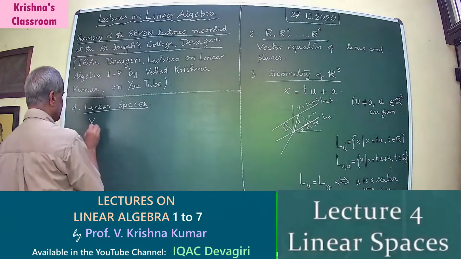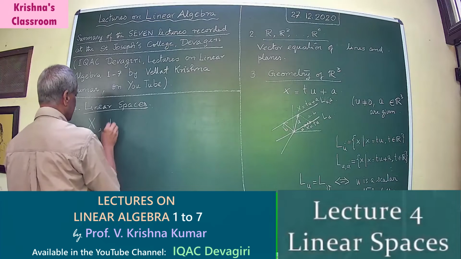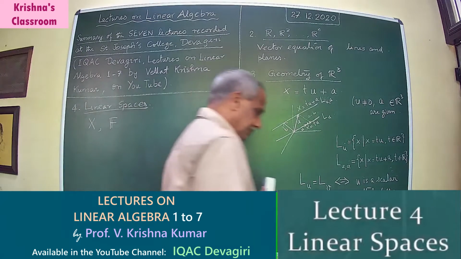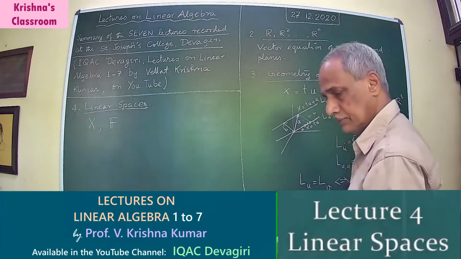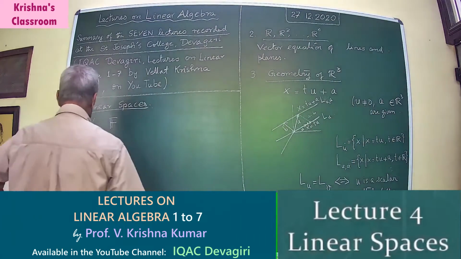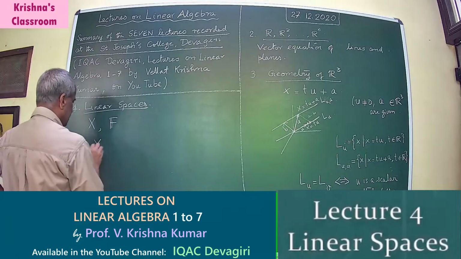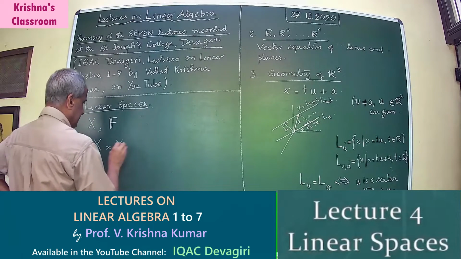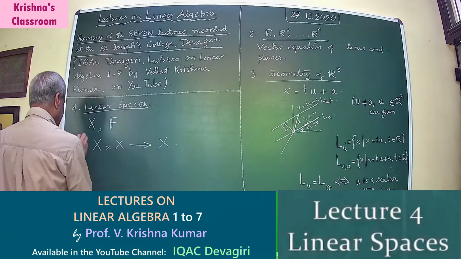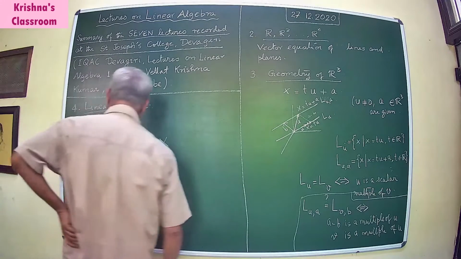Take X, a set of objects, F, a field, and with the property that there is a map from X cross X to X called addition. It's a binary operation.